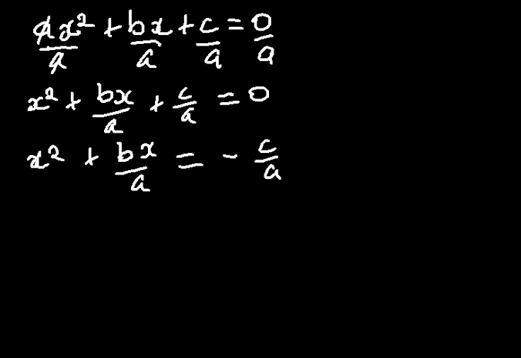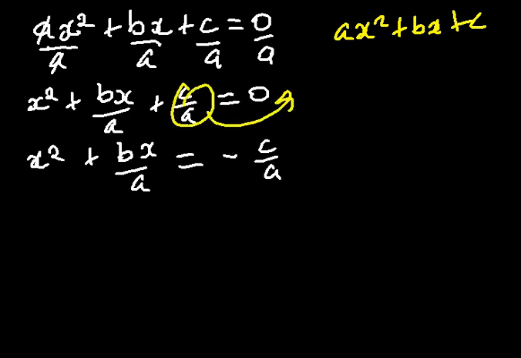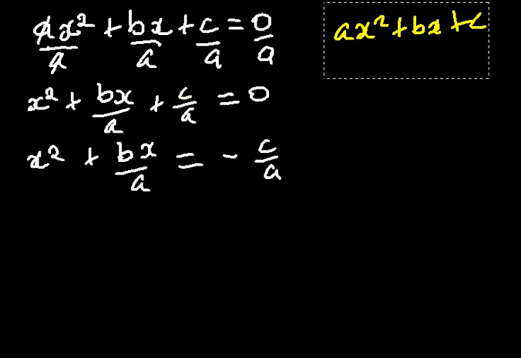Now, with respect to the general expression of the quadratic, you can see that this part is incomplete. The part which is lacking is the constant part, because we understand that the quadratic expression is given as ax squared plus bx plus c. Upon transferring this part to the other side, we remain with the part which is lacking the constant. Hence, we should show that the constant part is missing.